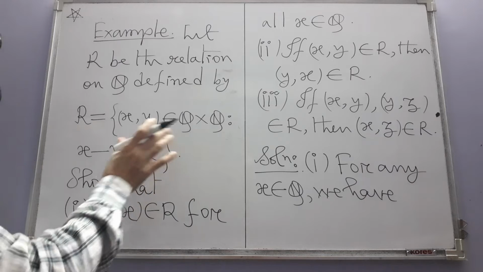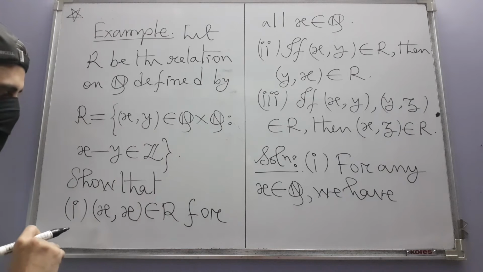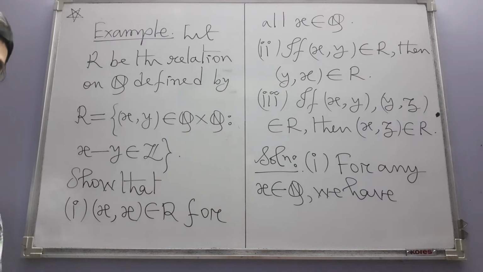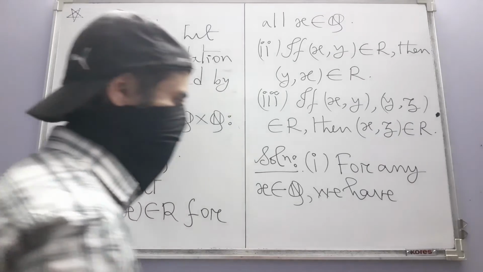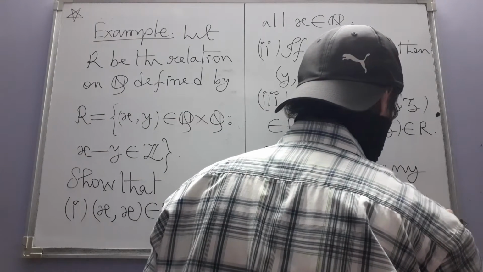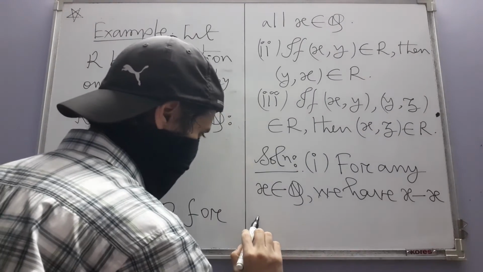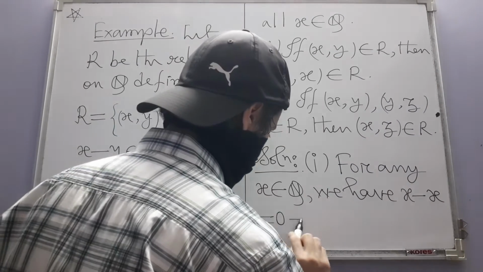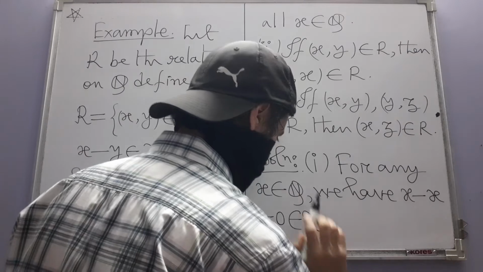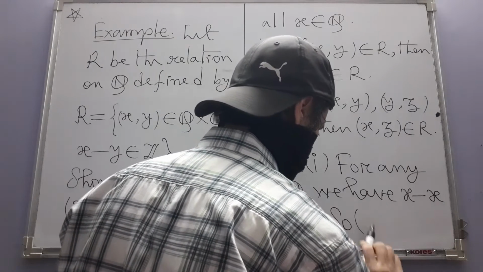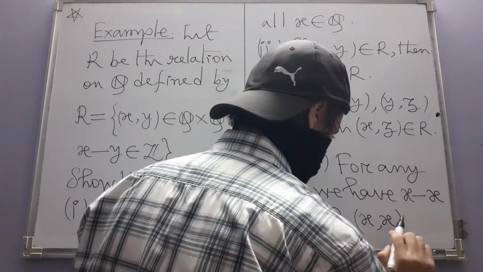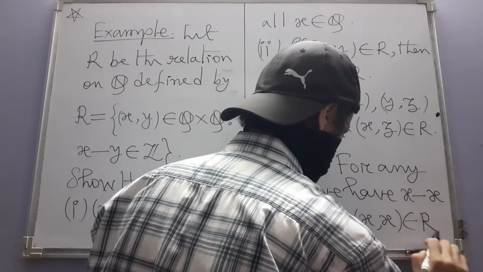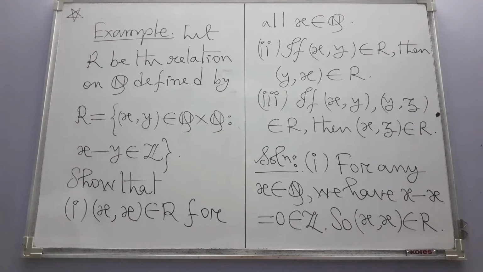If that difference belongs to the set of integers, then x comma x will belong to R. So what is the difference? The difference is 0. 0, the rational number 0, is of course an integer. So this is in R. Okay, so that is number 1, part 1.